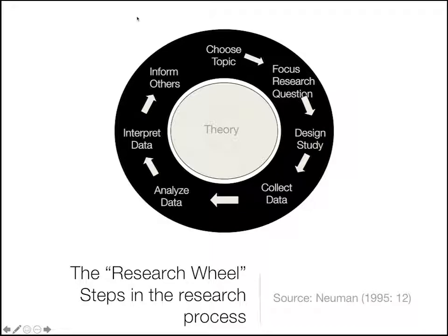And as we move along, looking at taking the steps to interpret the data and inform others, which is basically assignment 3. And so when we complete assignment 3, we'll have taken a turn through this wheel fully. And I think that's kind of exciting.